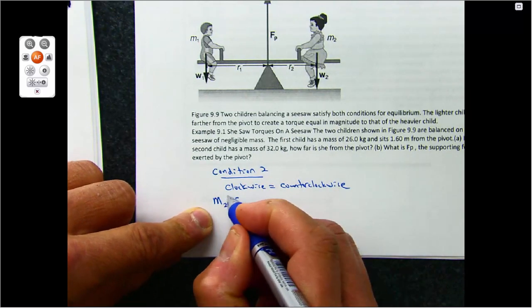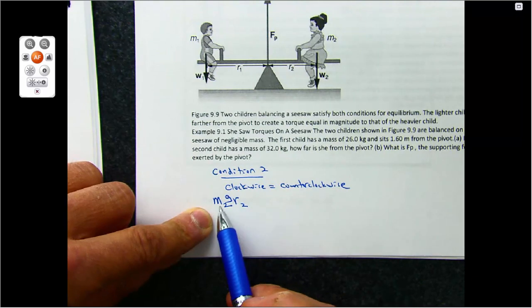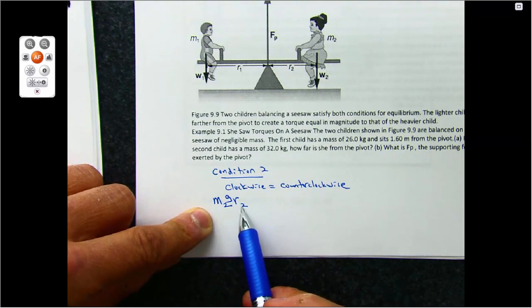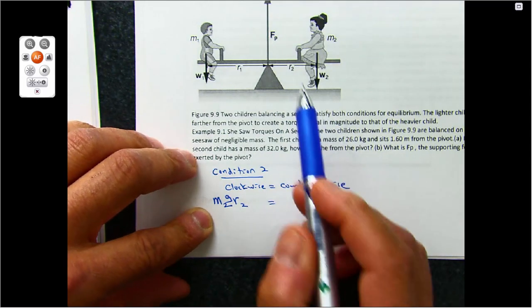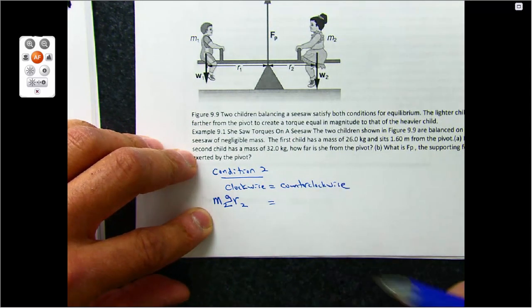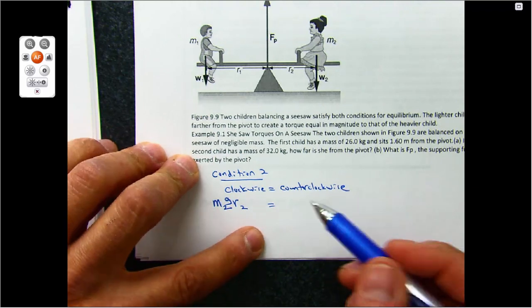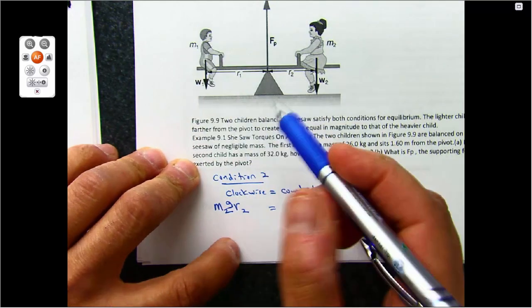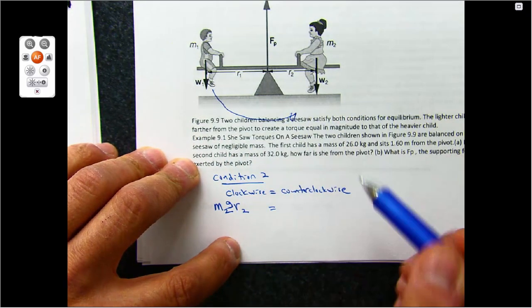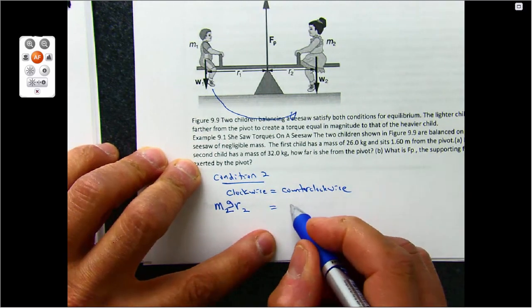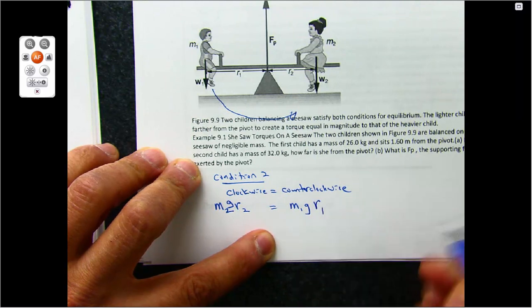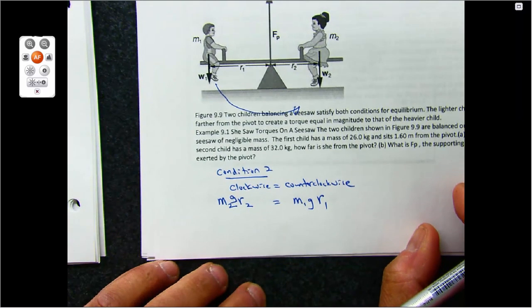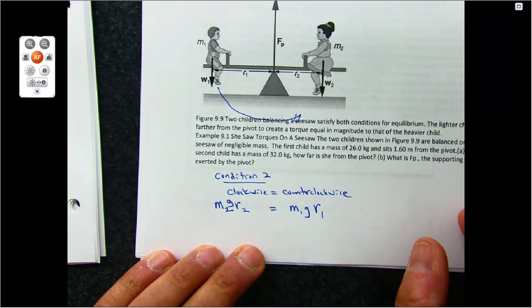So I'm going to put my g in here right now as a force. This is going to be M2 g R2, whatever they are from the pivot point. If they are balanced and it is not moving, then counterclockwise, right, and you can see it this way, is going to be M1 g R1, right?